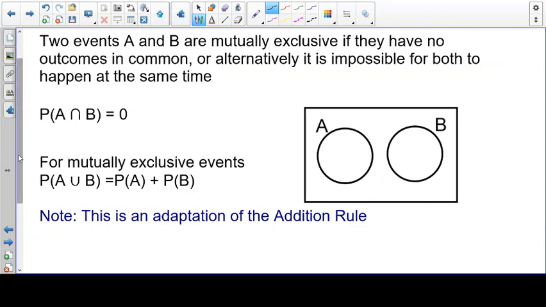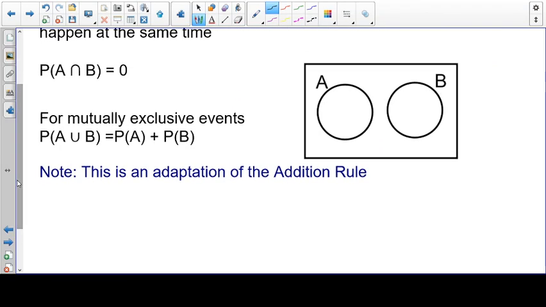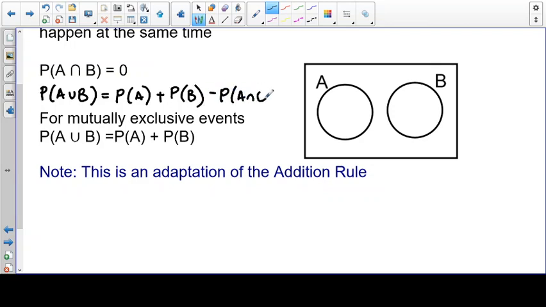In terms of the addition formula, the addition formula is usually probability of A plus probability of B minus the intersection. Because this is now 0, the addition formula becomes that.